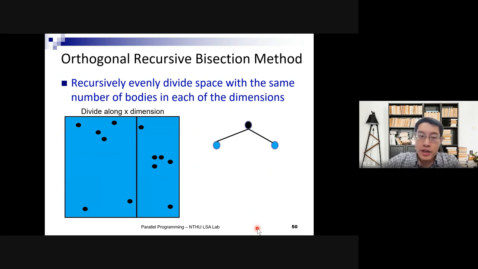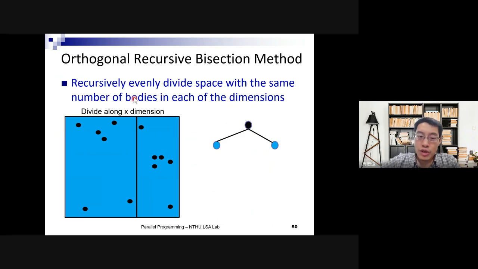To address that problem, another algorithm is proposed, called the orthogonal recursive bisection method. The idea is to make sure the tree we grow is balanced, and we can do that easily. The concept is to make sure that every time we partition the space, there are an equal number of objects in each subspace.